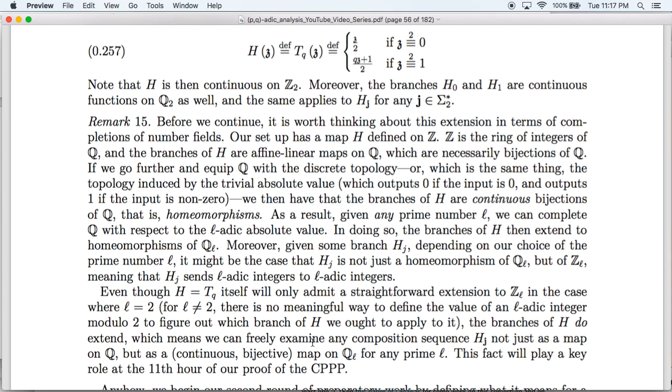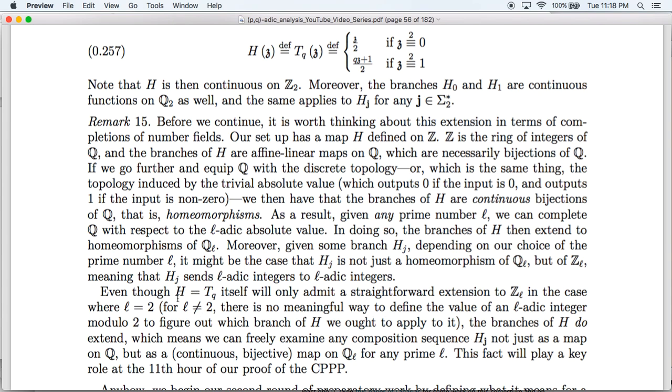Even though the whole map H itself will only admit a straightforward extension to the L-adic integers in the case where L equals 2, the branches of H do extend, which means that we can freely examine any composition sequence H bold J, not just as a homeomorphism of Q, but as a homeomorphism of QL for any prime L. This fact will play a key role in the 11th hour of our proof of the CPPP.